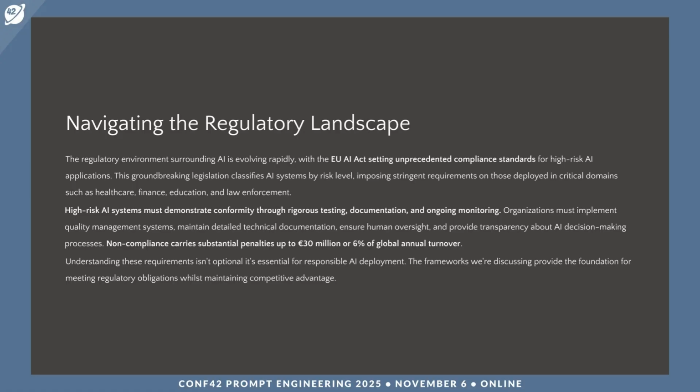Especially for Europe, we have the EU AI Act. If you already know, there are certain standards which you can take from them. Make sure that you include that. As per the EU AI Act, any non-compliance carries substantial penalties up to 30 million or 6% of global annual turnover. So it's very key that you bake in the regulatory compliance.